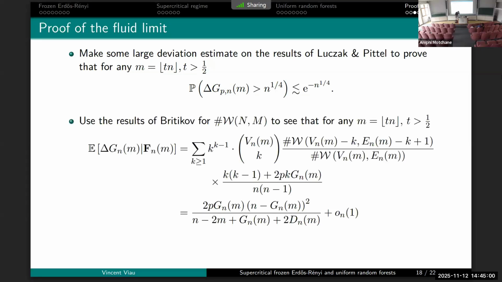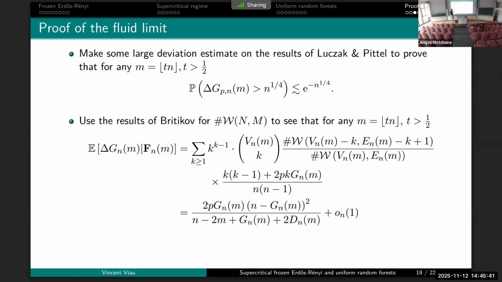And for the conditional expectation, we can simply use the formula we had for the transition probabilities of the jumps of the process G by summing over k. And we can use the asymptotic results of Britikov to estimate these quantities, these cardinalities of sets of forests. And after some calculations, what we get is this expression plus a small o of 1.